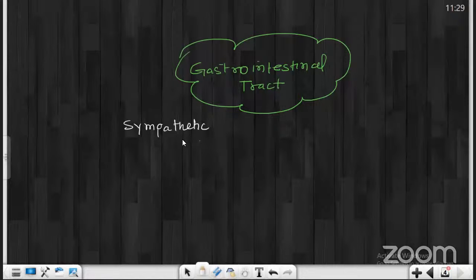So the sympathetic nervous system causes what? Movement is inhibited under the influence of this. It restricts the movement of bolus.